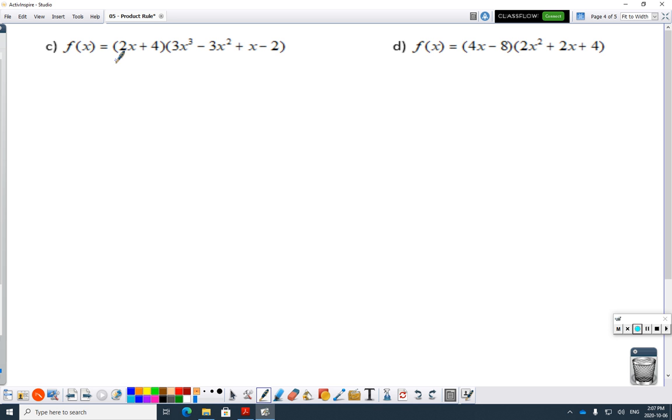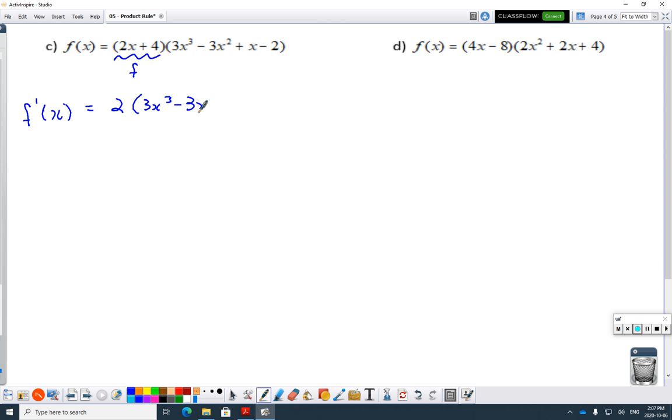Either way, when you're first learning about these, do a little underline of the first one. And for you words people, you'll call that the first function. And this will be the second function. For you F and G people, you'll call this F, and so that other one is G. The rule goes, to take the derivative of this, you go derivative of the first times the second.